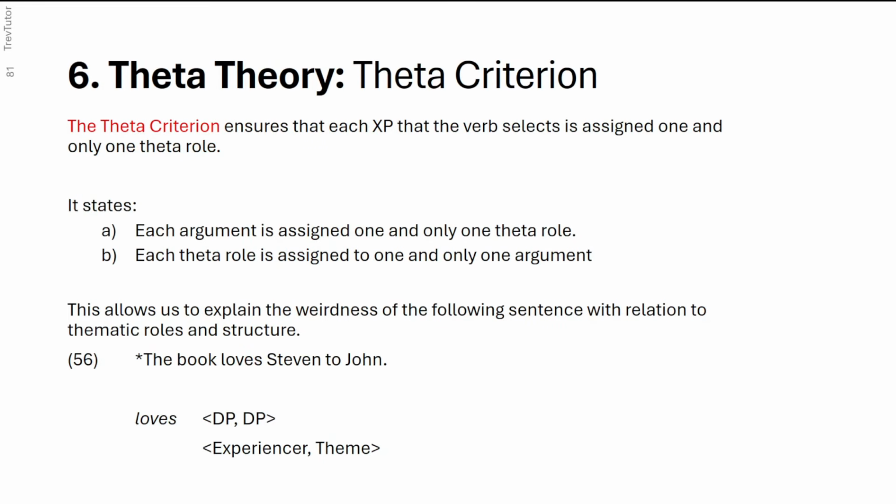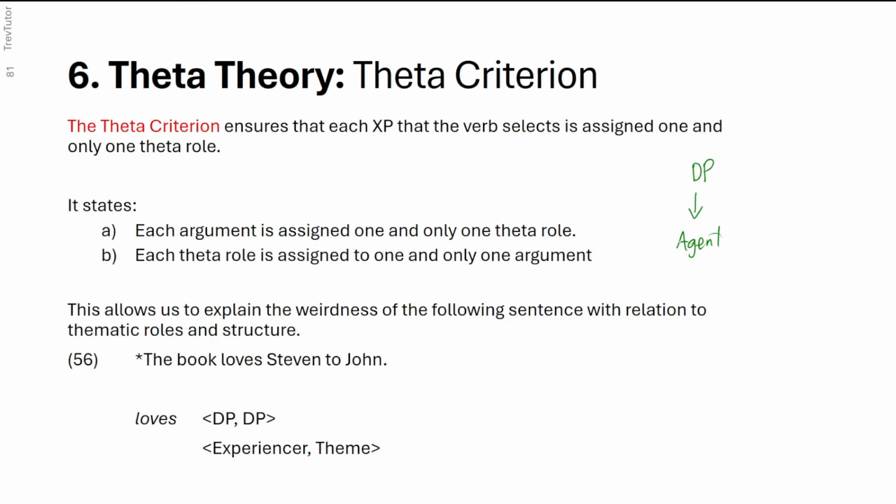So the theta criterion is our official theory that makes sure that this alignment happens. The theta criterion explicitly states each argument is assigned one and only one theta role. This means that if we have a DP, we can only give it one theta role. So if we give it agent, it cannot have anything else in that same clause.